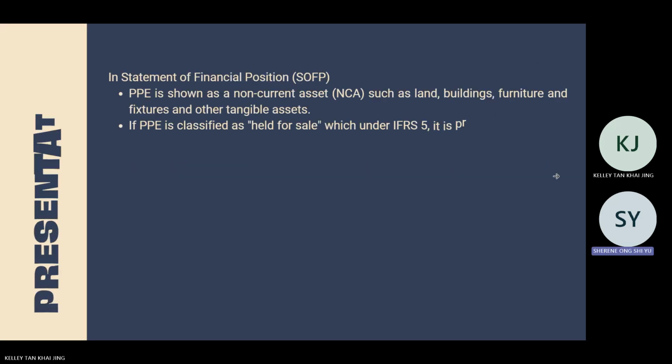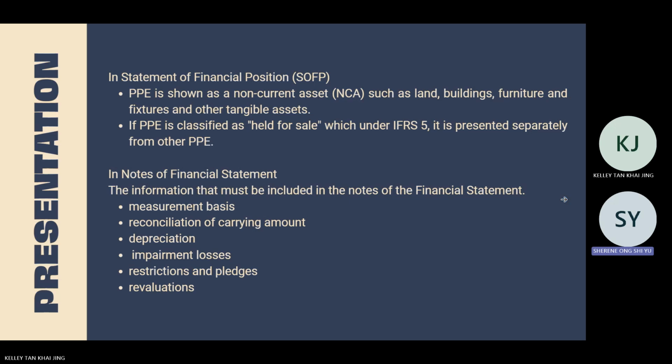In the statement of financial position, PPE is shown as a non-current asset, such as land, building, furniture and fixture, and other tangible assets. If PPE is classified as held for sale under IFRS 5, it is presented separately from other PPE.